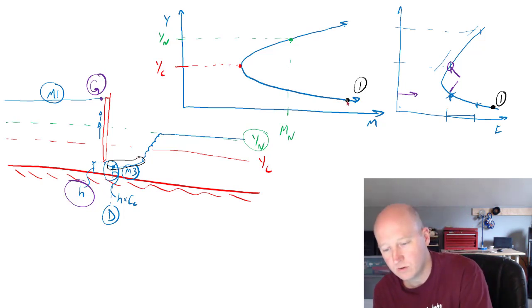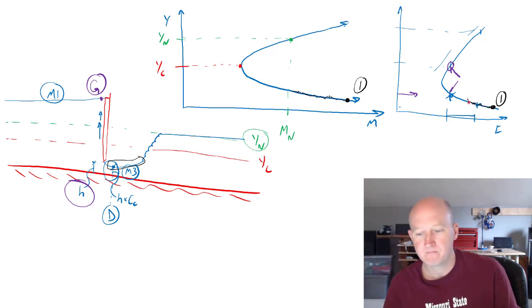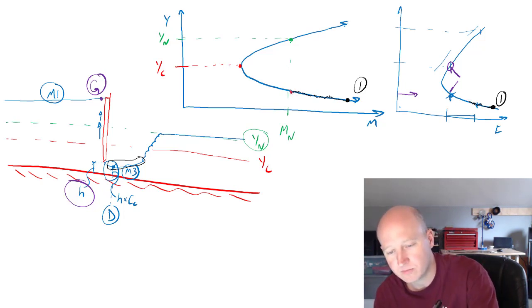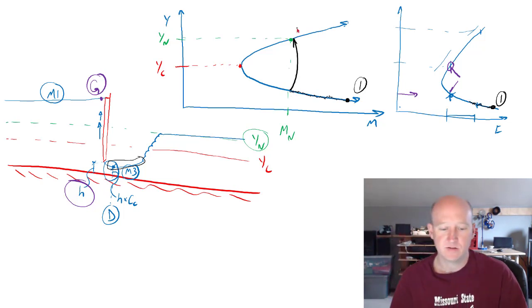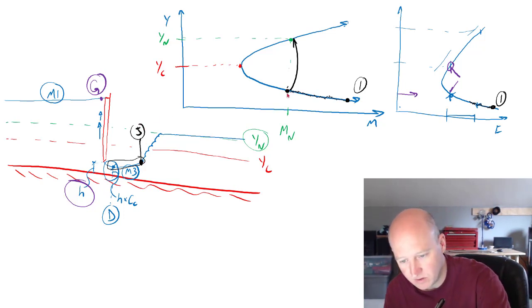And so what will happen is momentum will reduce because the depth is increasing. And at some point, it will jump to the conjugate depth, and that's normal depth. So we could call this point right here J, and that would be this point right here. That would also be J.